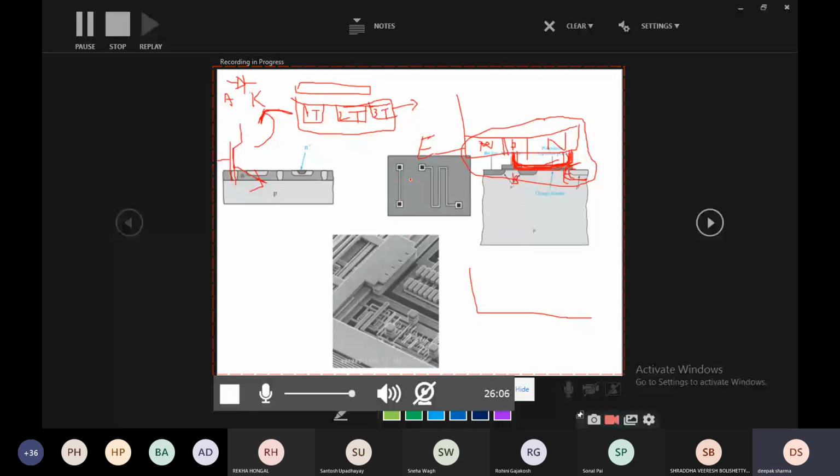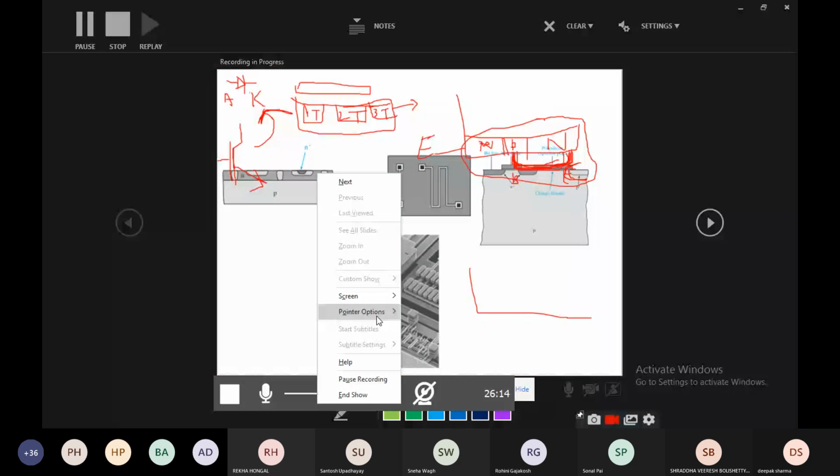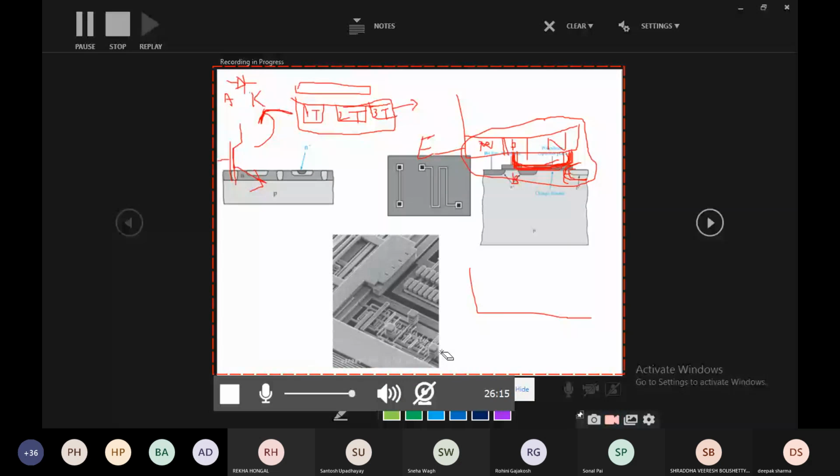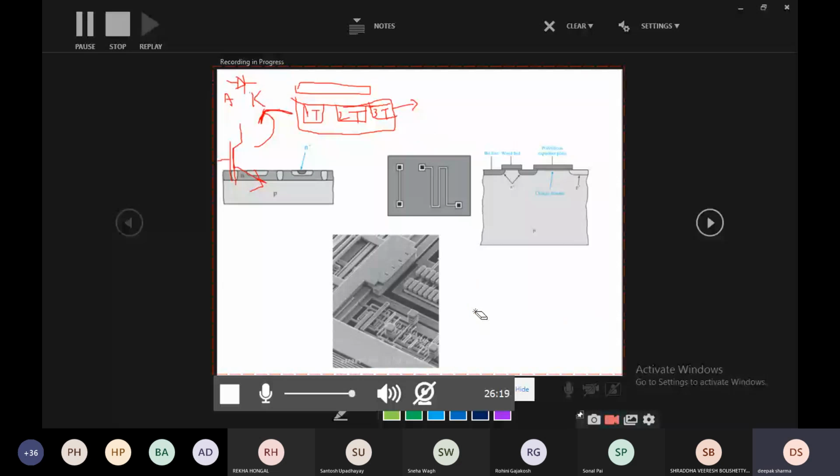Then next we have integration of resistor onto the substrate. So now what is a resistor?